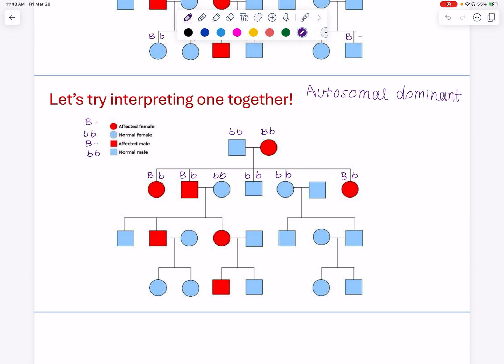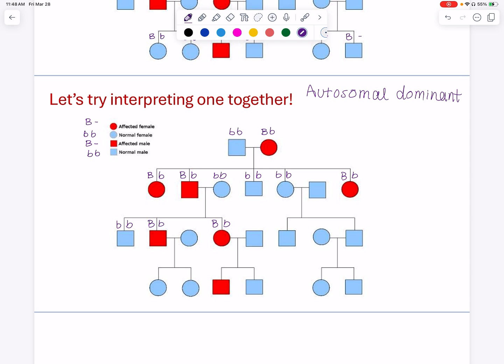And we see here first that they have a normal male son, which is possible because they have little b's to get from both parents. And we have an affected son that is going to be big B, little b, because we can only get a little b from mom. And then over here, same thing. We're going to have a heterozygous individual.